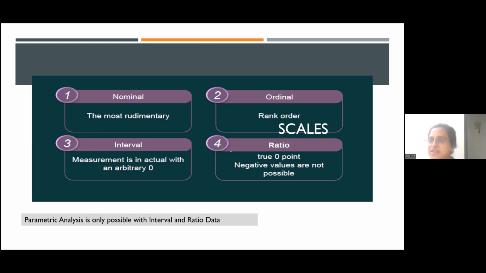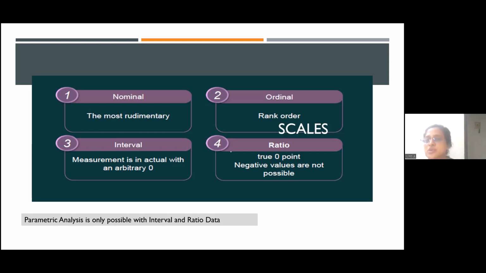So that is called a categorical scale or a nominal scale. Whereas an ordinal scale is something which you rate. For example, you go to a restaurant and you are given a menu.